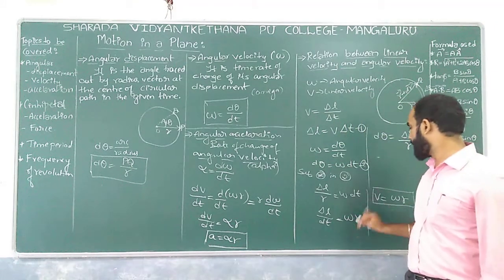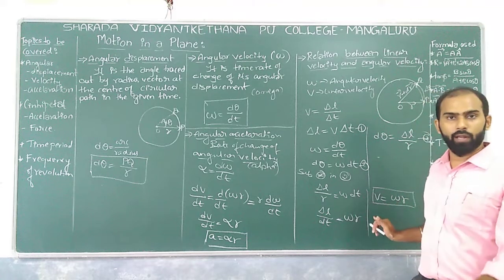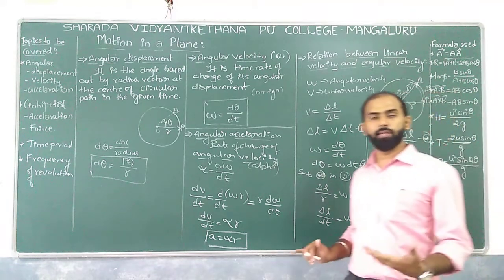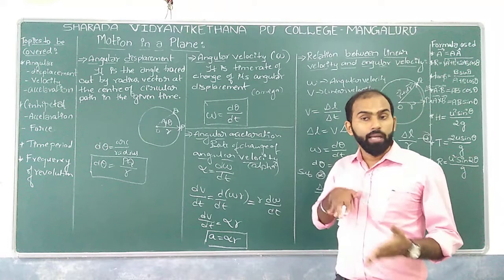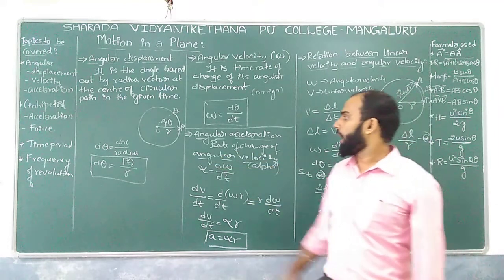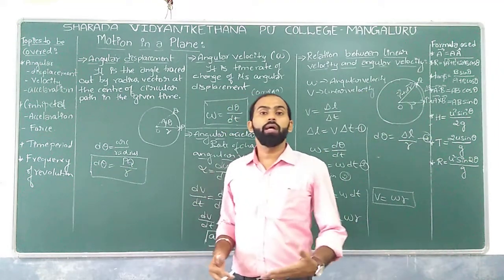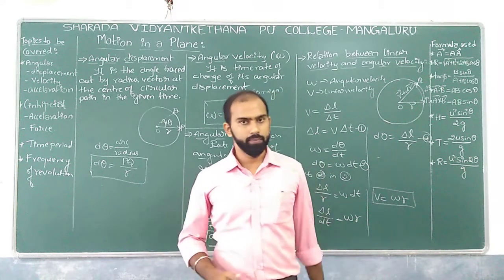Similarly, omega deals with the angular velocity, V deals with the linear velocity, and d theta gives the angular displacement. Fine? Right.